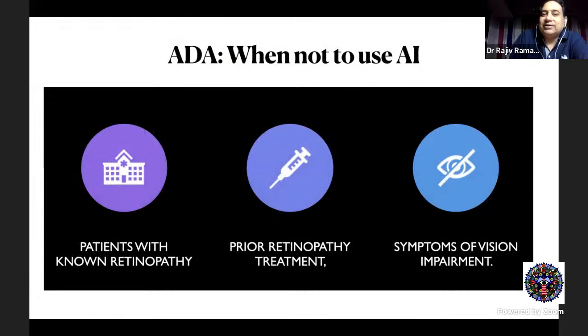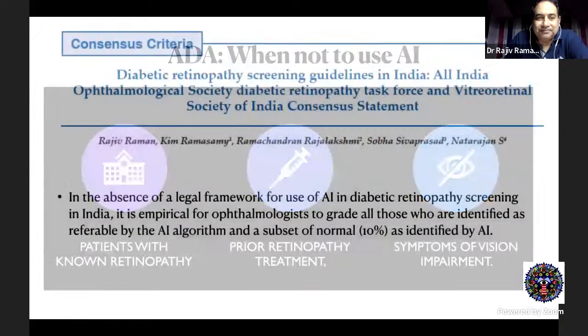They also went ahead telling when not to use AI for retinopathy screening: patients who already have retinopathy should not use an AI, they should have an in-person evaluation. Those who are already on treatment, or when there are symptoms of visual impairment, they should definitely be seeing an ophthalmologist rather than just having an AI to diagnose retinopathy.